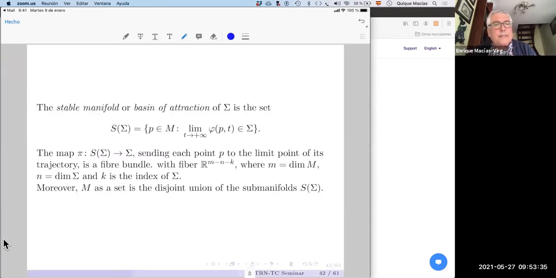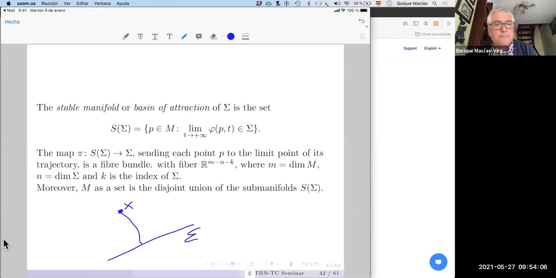So if sigma is a critical submanifold, the basin of attraction, or the stable manifold of sigma, is the set of points such that if you take the flow passing through, the flow ends in a critical point in sigma. So you have a point in the manifold, you follow the gradient and you arrive at the critical set.